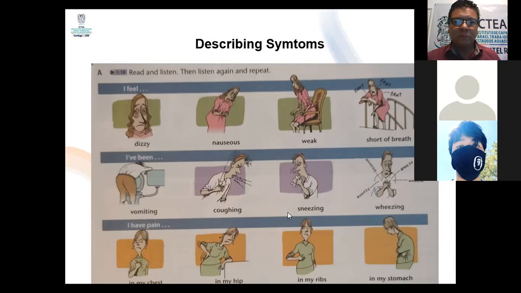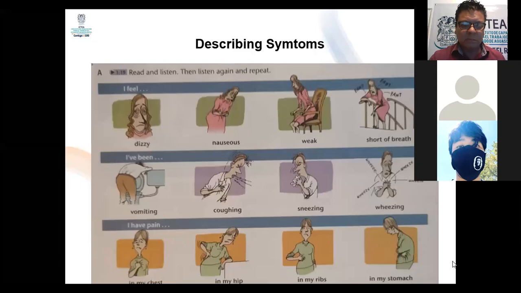I've been sneezing. I've been wheezing. I have pain in my chest. I have pain in my hip. I have pain in my ribs. I have pain in my stomach.